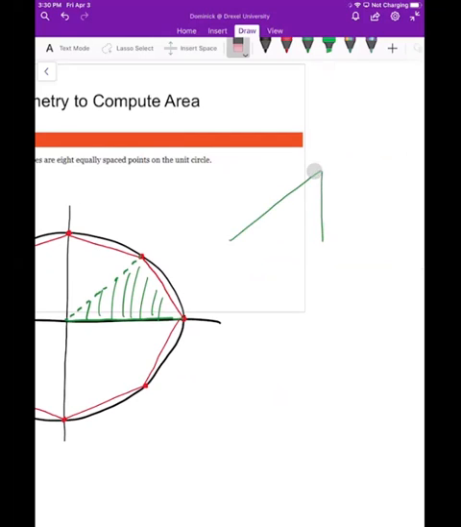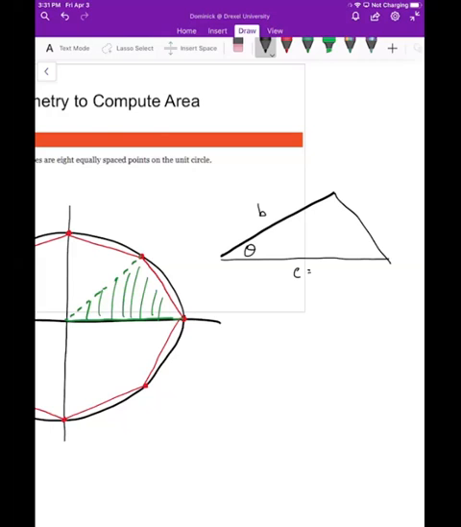So now comes a matter of, let me sort of do this more to scale. We need to find the area of this thing. All right. Now we could find the area if we had this side, this angle, and this side. Right. But if you look carefully, we can see that each of these B and C's are radii on the unit circle.